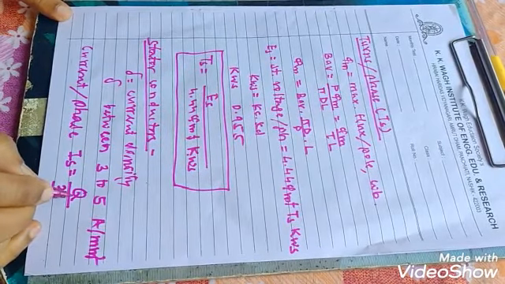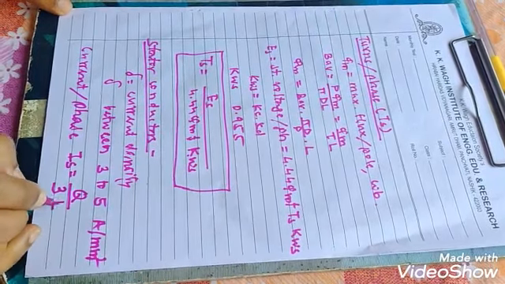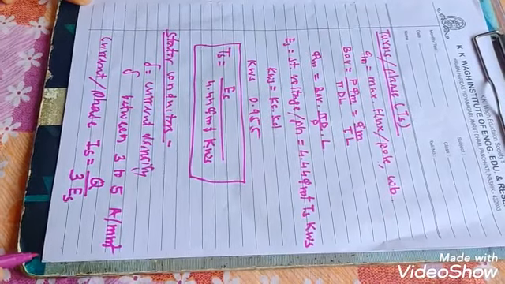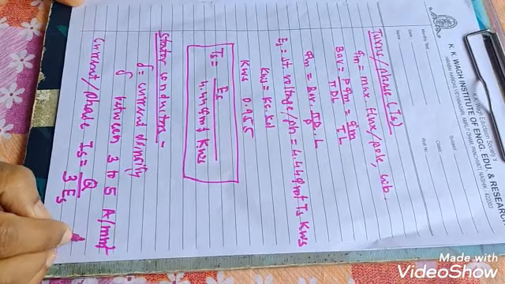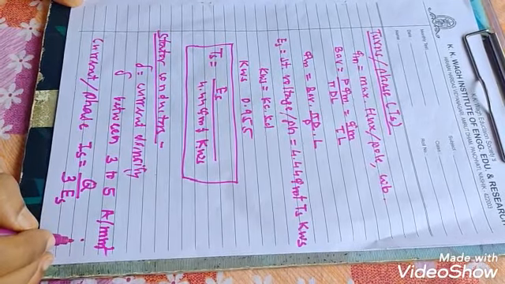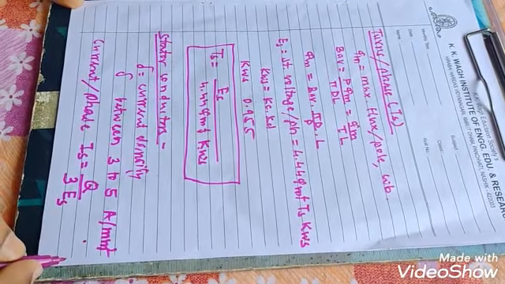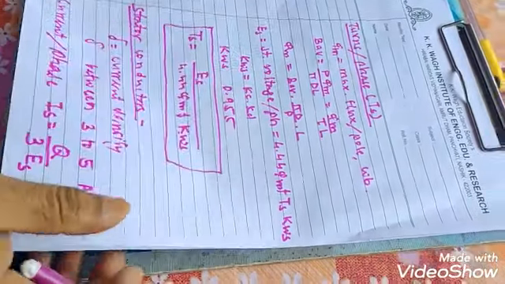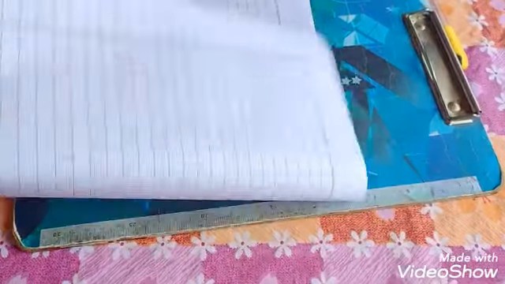So this is kVA input per phase divided by ES. ES is the per phase applied voltage. So this is IS in kiloampere. You have to convert it to ampere by multiplying by 10 raised to 3. So this way current per phase is calculated.